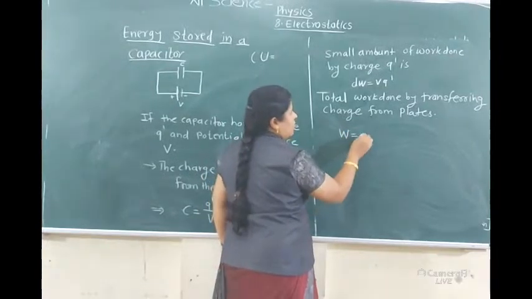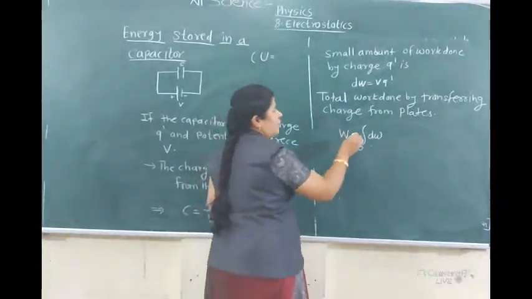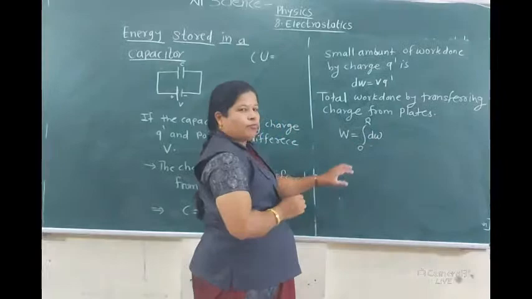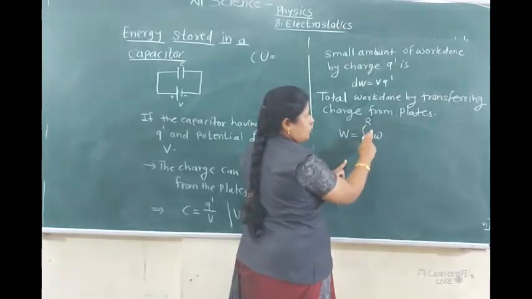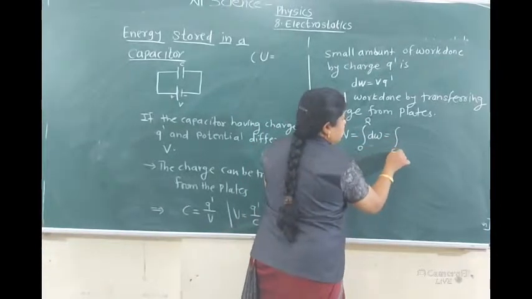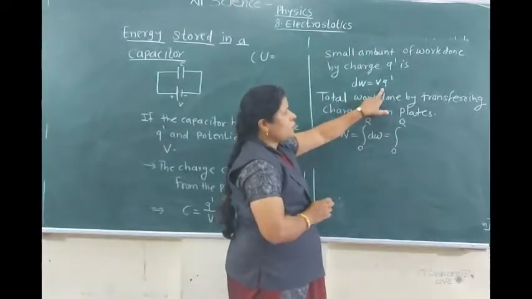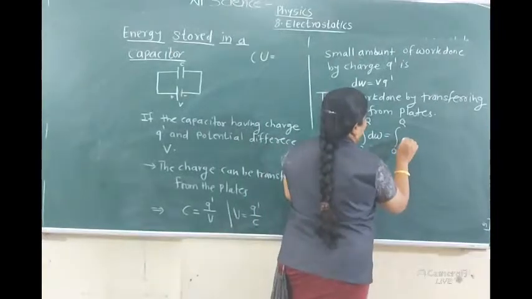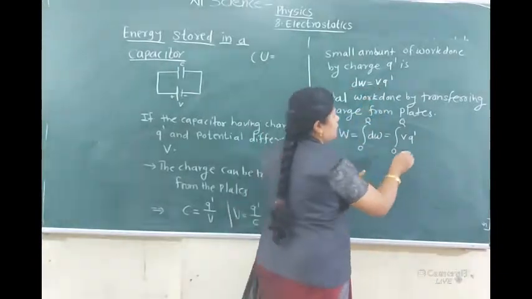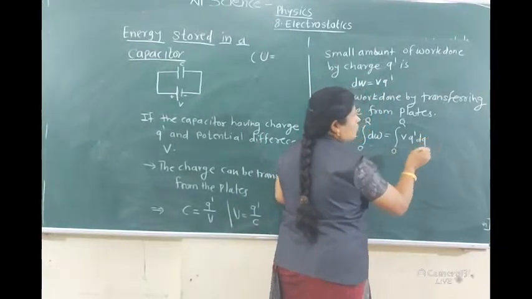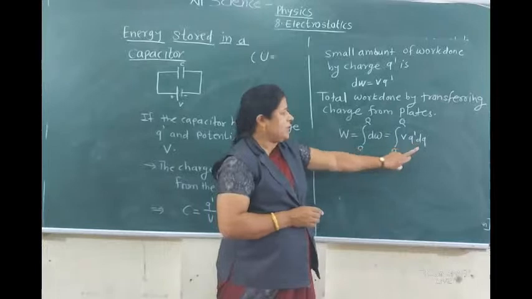So W is equal to the integration of dW, lower limit 0, upper limit charge Q, which is equal to the integration from 0 to Q. Now dW is equal to phi into Q dash, so we write here phi into Q dash, and for small charge we write here dQ. Integration from 0 to Q of phi Q dash into dQ.